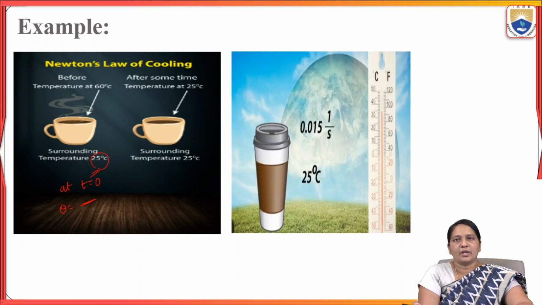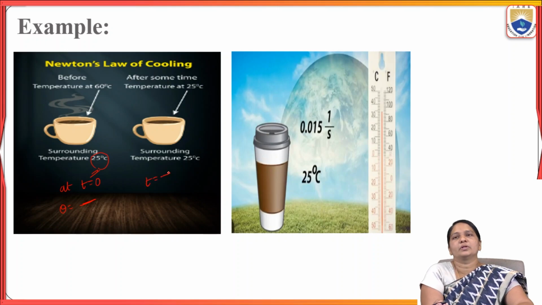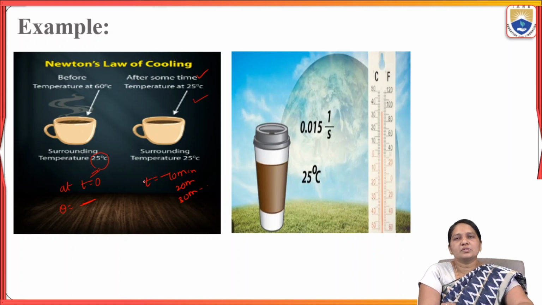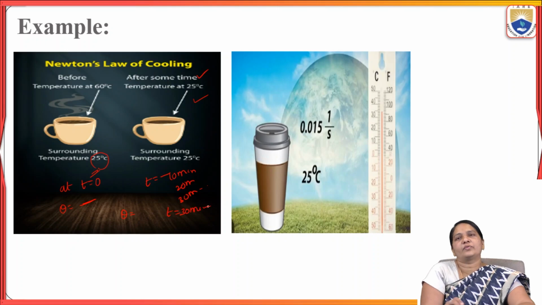After some time, that given time, it may be 10 minutes, 20 minutes or 30 minutes, whatever it may be, what is the temperature of the coffee? So these are the two conditions we are going to use. Like that they can ask the question here, for example, after 30 minutes, what is the temperature of the coffee?